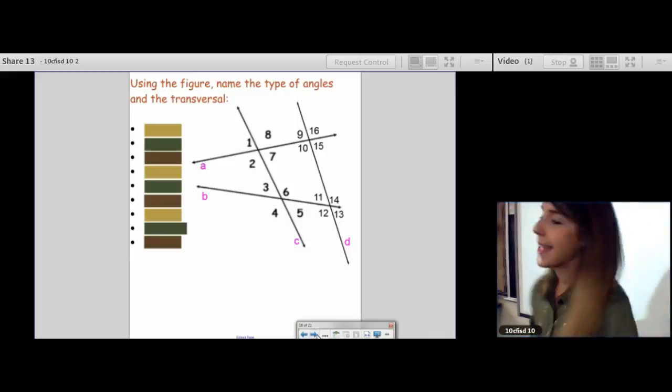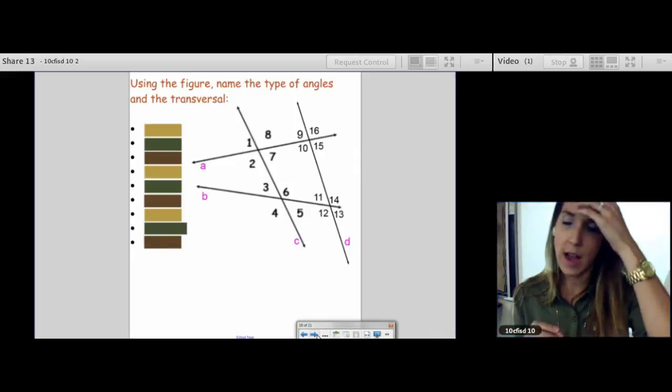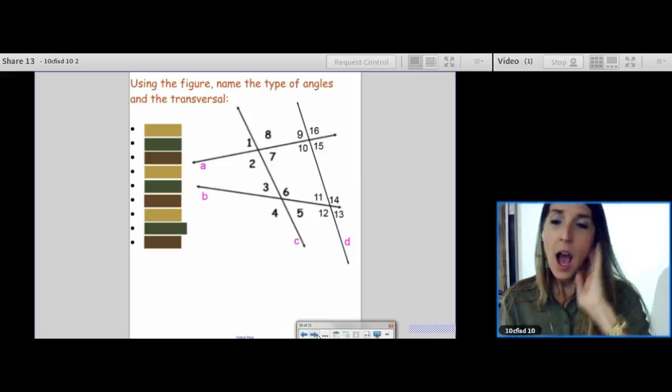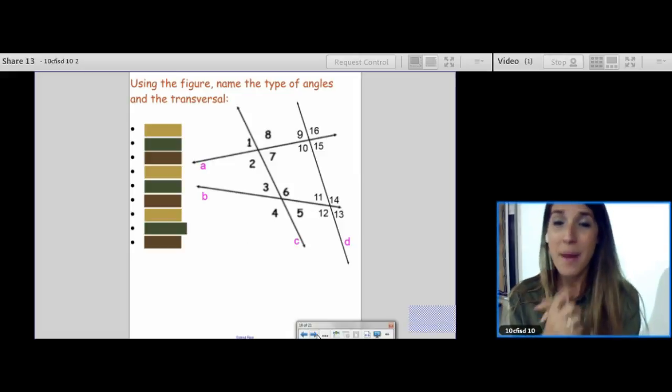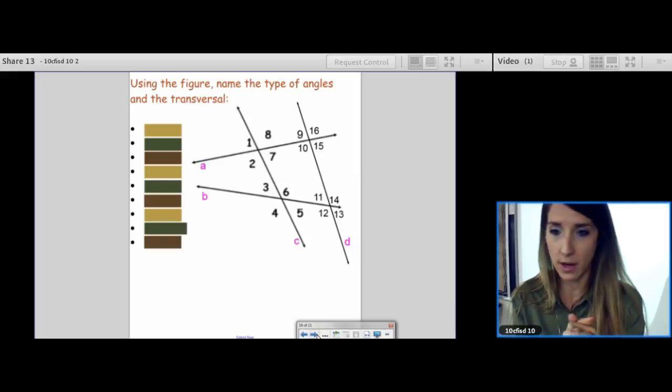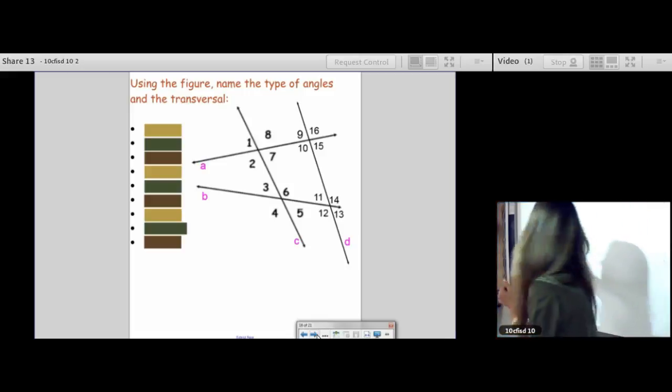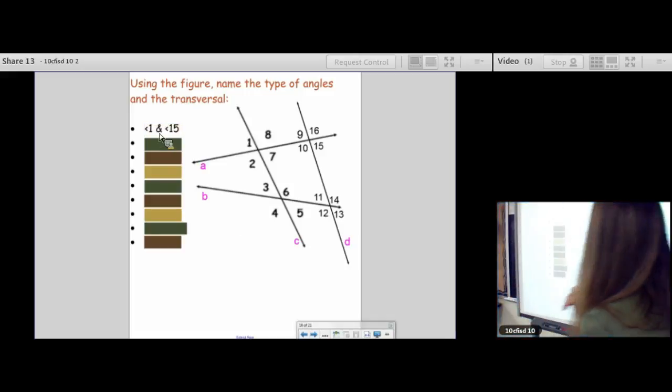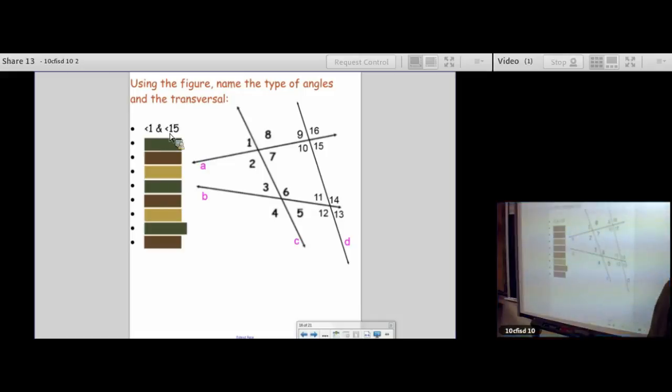We're going to do one more practice with 16 angles this time. What I care more about when I have 16 angles is that I want to name the angle pairs, but then I also want to name which transversal is being used, and that's actually more important than just naming the angle pairs. Okay, 1 and 15.